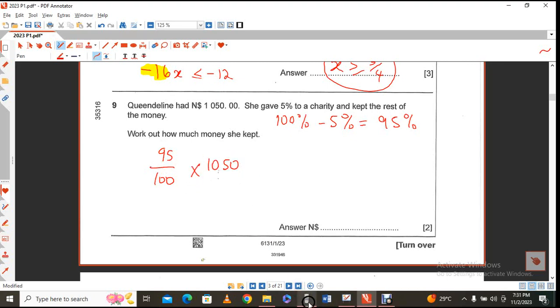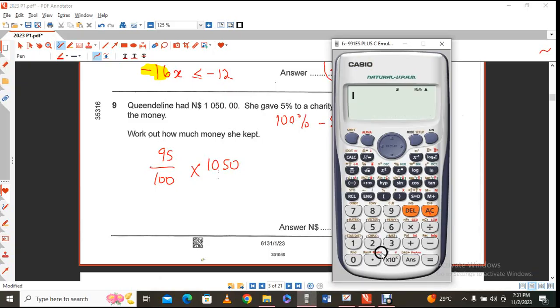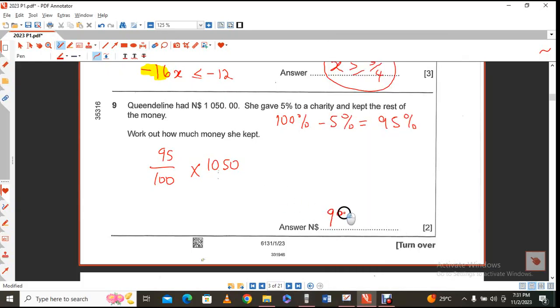You can go ahead and punch that into your calculator. So 95% is 0.95 times 1050. Of course, that gives you $997.50. Okay, right.